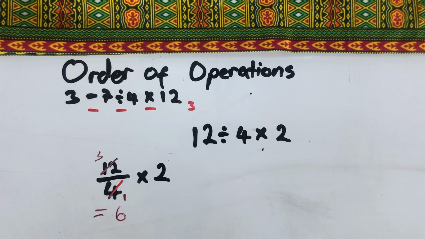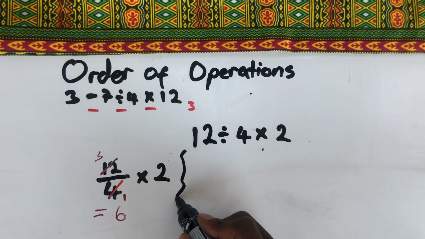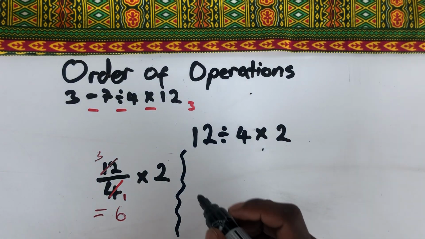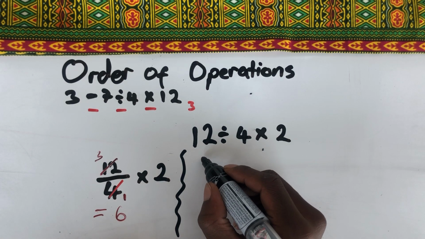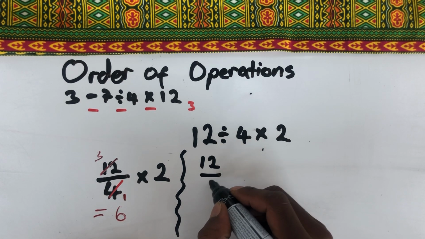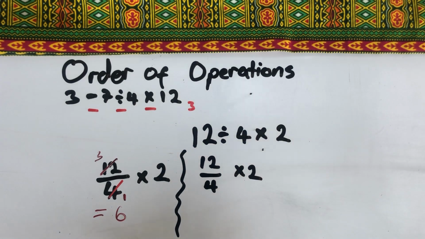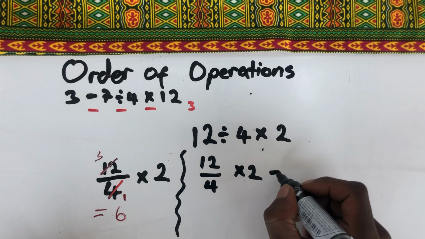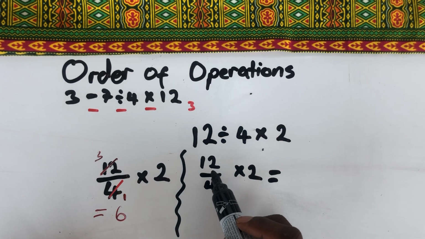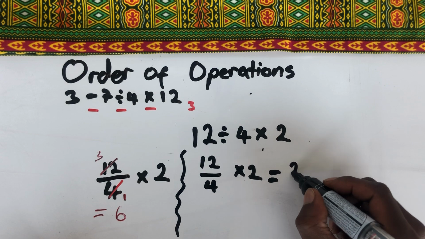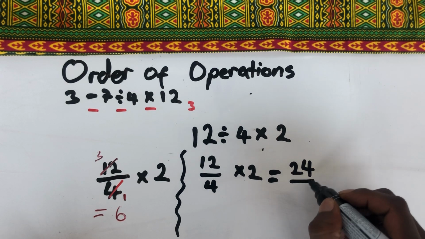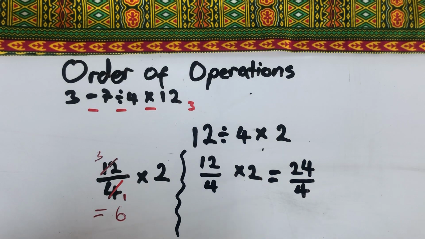Now I want you to look at this. If we said 12 over 4 multiplied by 2, and I were to carry out the multiplication first, I would say 12 times 2, which gives me 24 over 4.